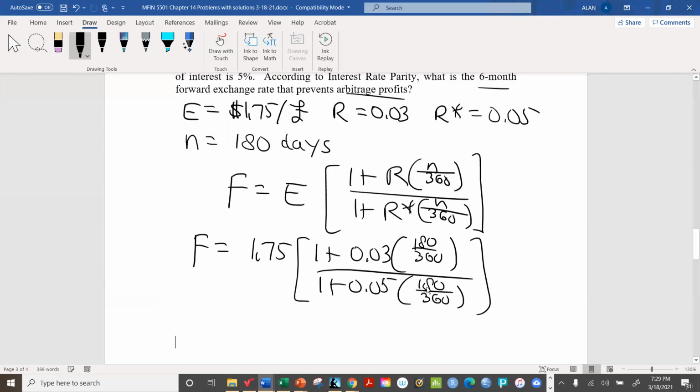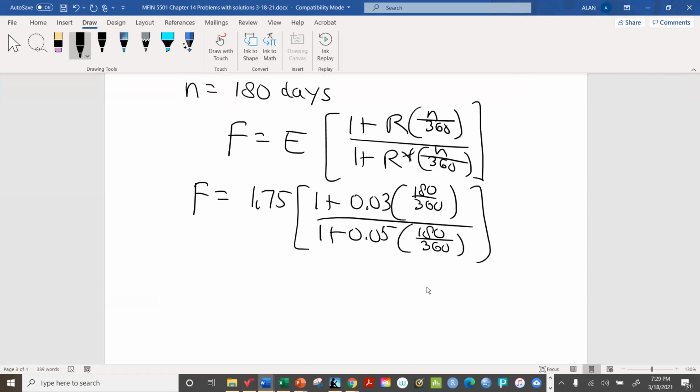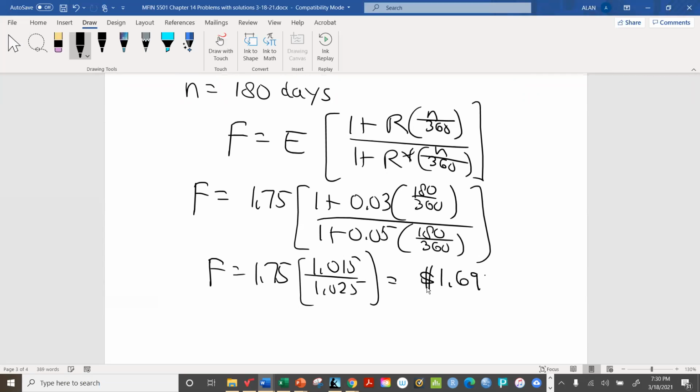So basically, you're cutting the rates in half. This is equivalent to 1.015 over 1.025. And the final result here is $1.6916 per pound.